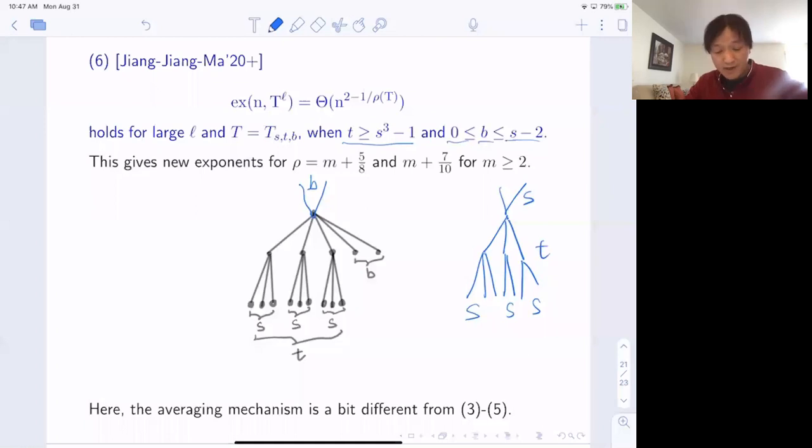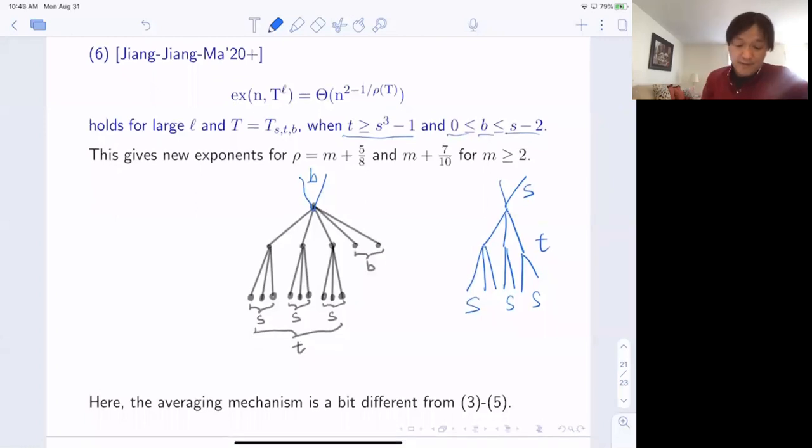But I want to point out that one nice thing about this particular result is that in all these recent results, you do your accounting, right? You have some count of some substructure, then you do some averaging, and then you find the structure locally. In this paper, the averaging mechanism is quite different from the recent papers.